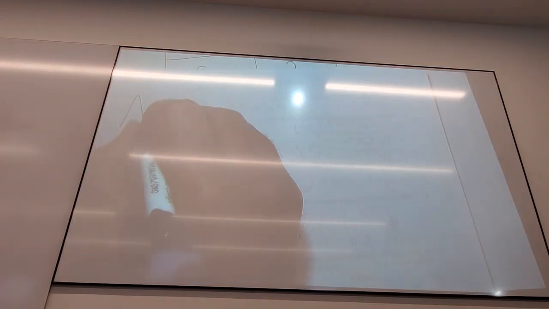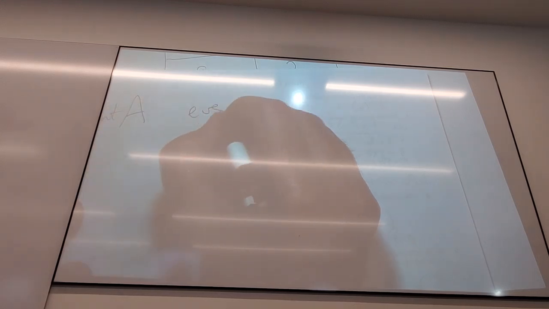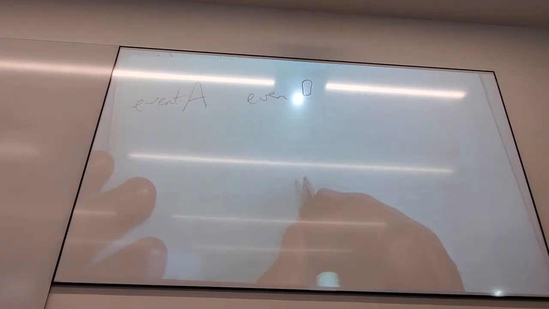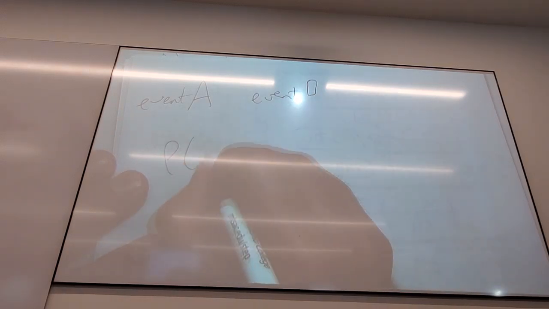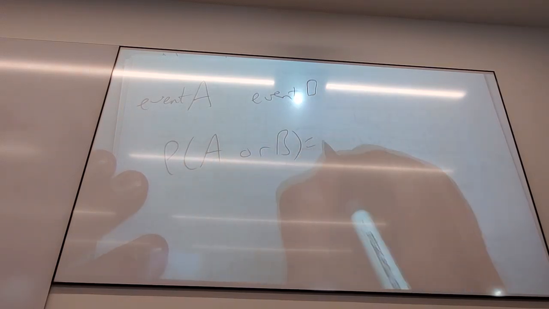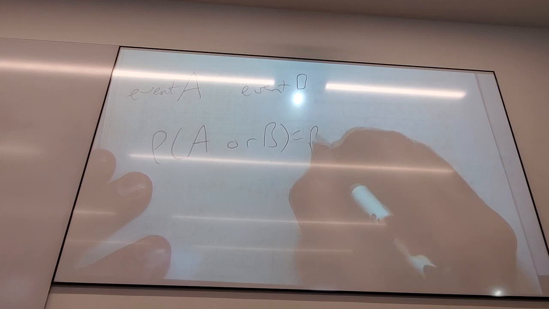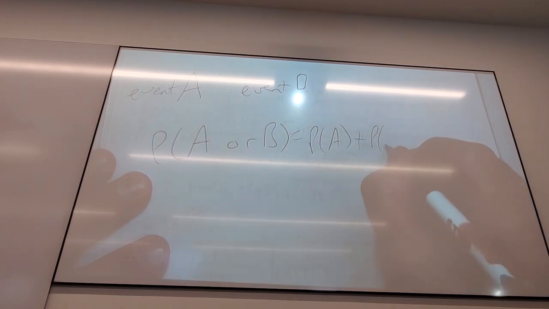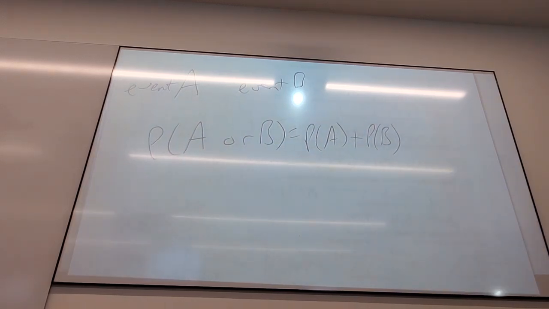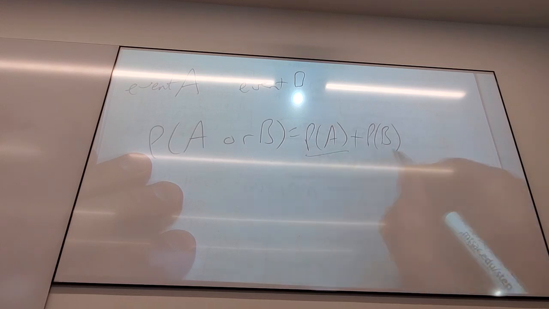If I have an event A, an event B, and I want to know the probability of A or B happening, that would be the probability of A happening plus the probability of B happening. Now that by itself makes intuitive sense, but that's the mistake we made earlier of adding people twice. If I add all of A to all of B, I've got to subtract any that are in both.